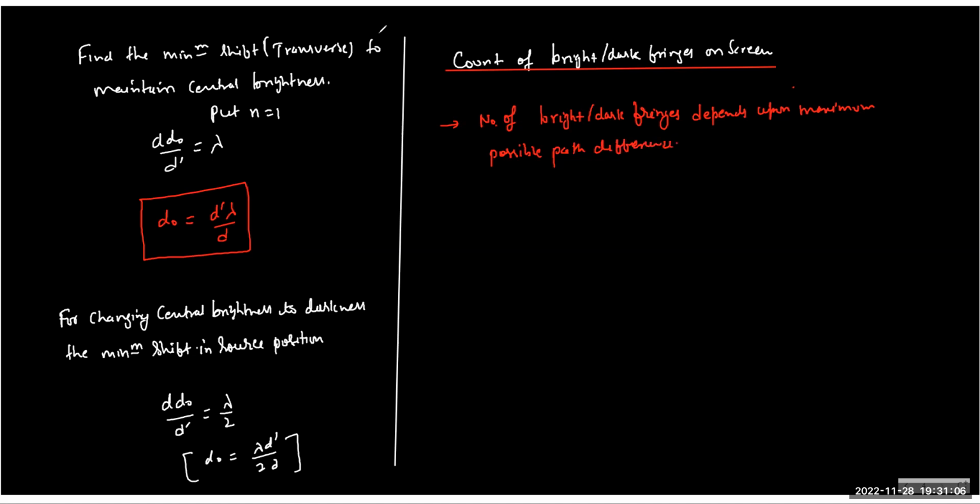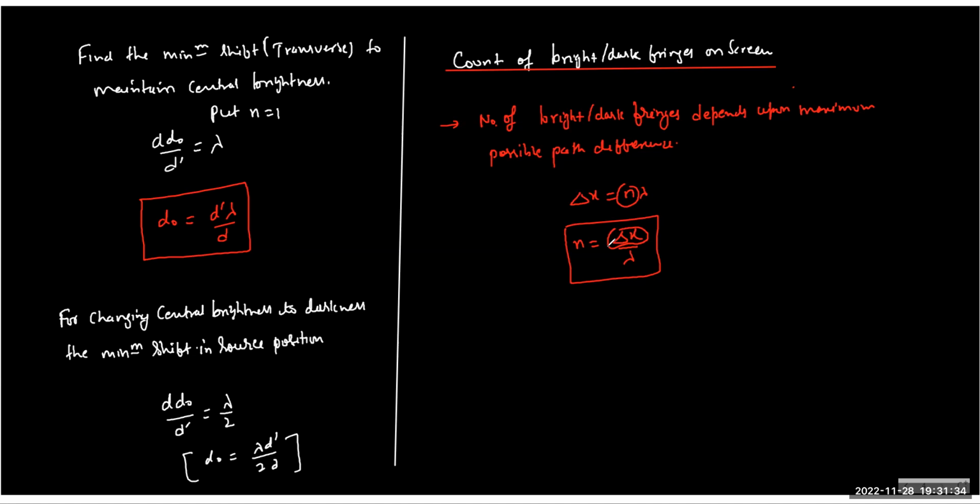Okay. So if you remember, the way you solve the question is you write delta x equals n lambda for a maxima, right? So n is the path difference upon lambda. That's a logical thing. Now if the path difference itself is less than lambda, can we get any maximum or minimum?